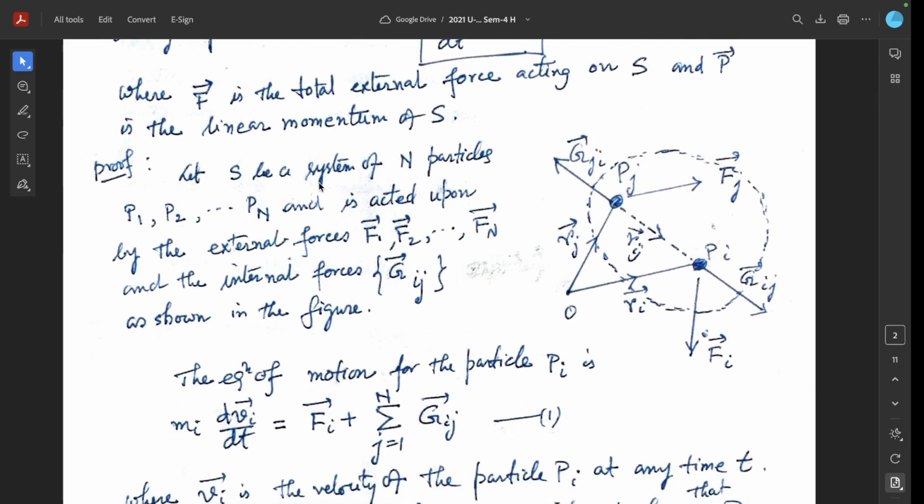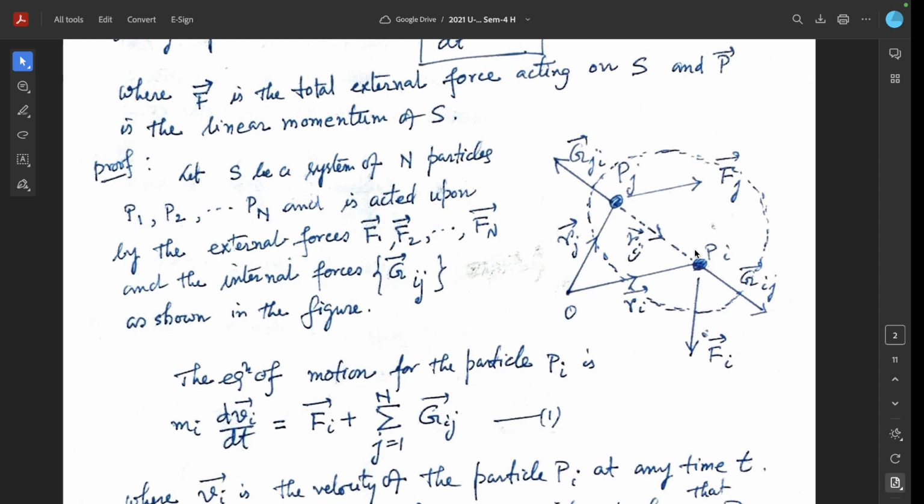Proof: let S be a system of n particles P1, P2, Pn acted upon by external forces F1 vector, F2 vector, Fn vector and internal forces Gij vector as shown in the figure. So this is the particle Pi and this is the particle Pj, and the external force on Pj is this Fj vector, and the external force on Pi is Fi vector.